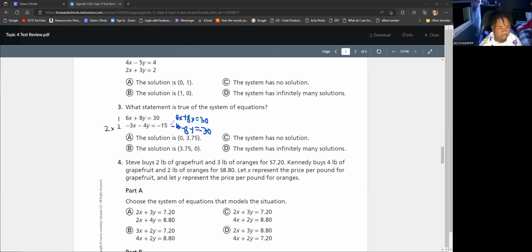Why would you add? They're negatives. Which one's negative? All of these. Okay, you'll be adding, but that's not the reason you'll be adding. Why are you adding? What are you trying to do? Starts with an E. Eliminate. If you add those two equations, what happens?